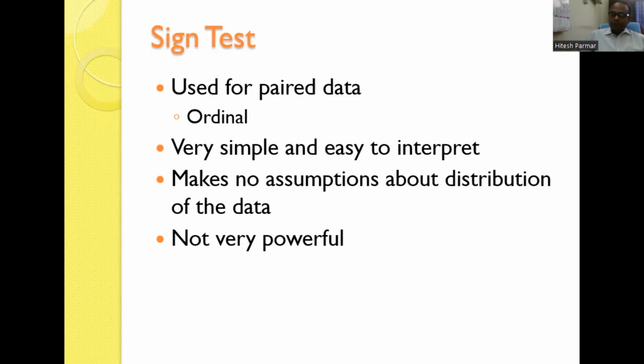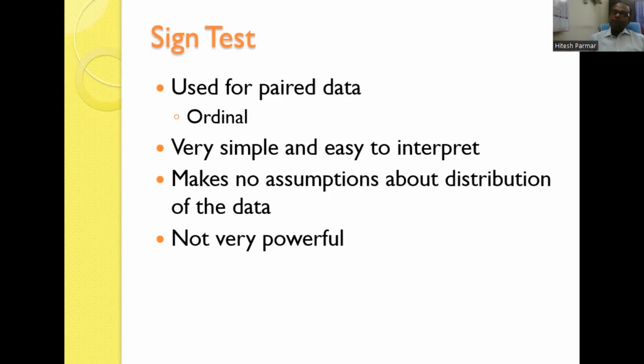For example, you have data regarding the marks of the student. So this is ratio data. Suppose you are ranking them first, second, third, fourth, like this, based on their performance. Then it becomes ordinal data. Now, which one is better? Is ordinal better or marks in absolute form better?